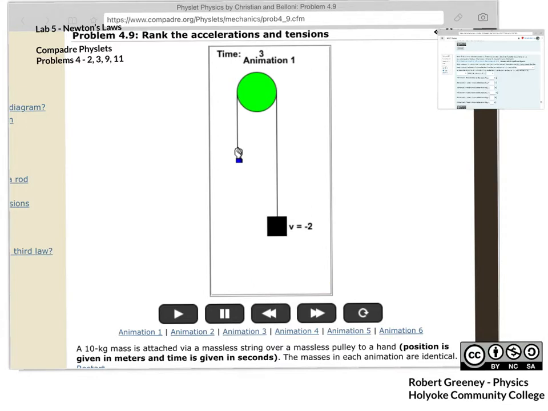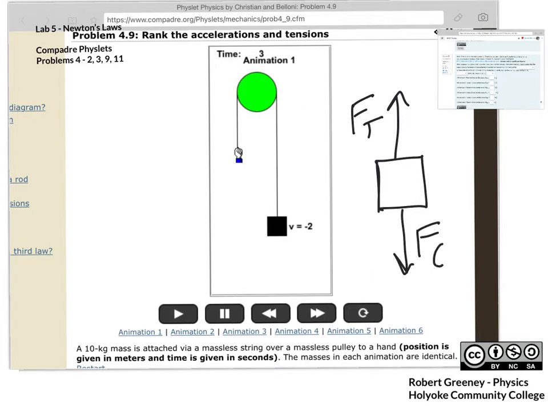Okay, so if you draw a free body diagram, yes, free body diagram, very important, of the block, then there's a tension force going up, Ft, and the force of gravity going down, Fg, and Fg is going to be, if we use 9.8, 98 newtons, and so Ft has to be what? 98 newtons, because the sum of the forces in the y direction equals m a_y, but a_y equals 0.